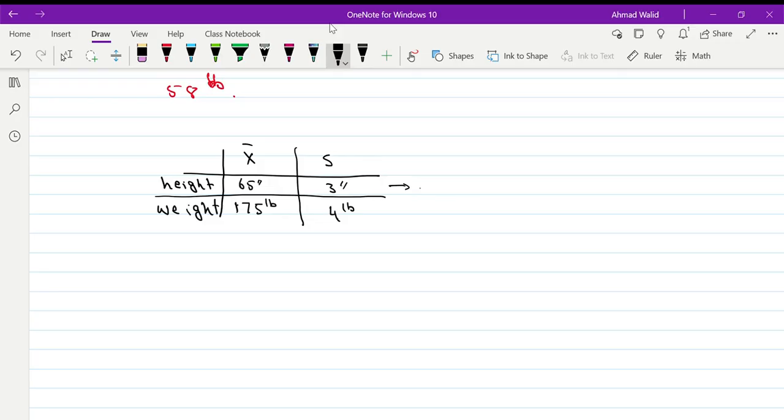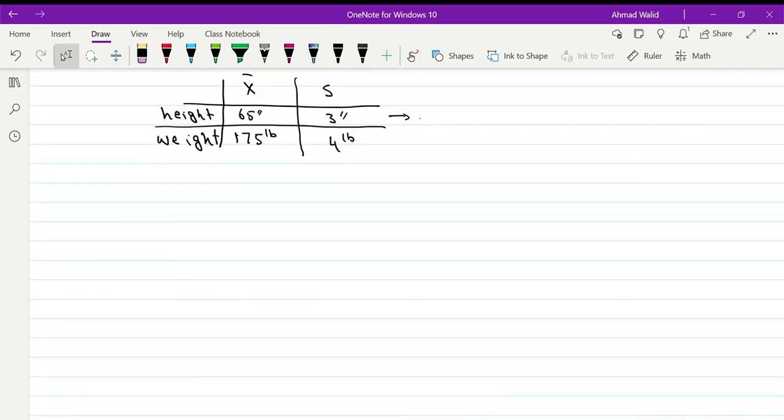It's impossible. The only way that you can compare two totally different sets of data, for the time being, I'll give you something by the name coefficient of variation.